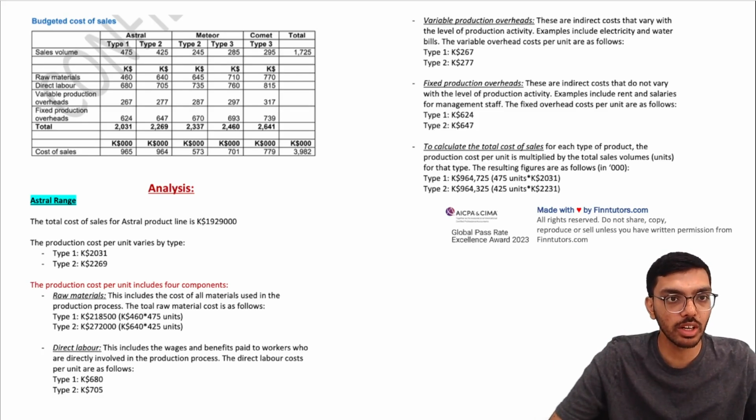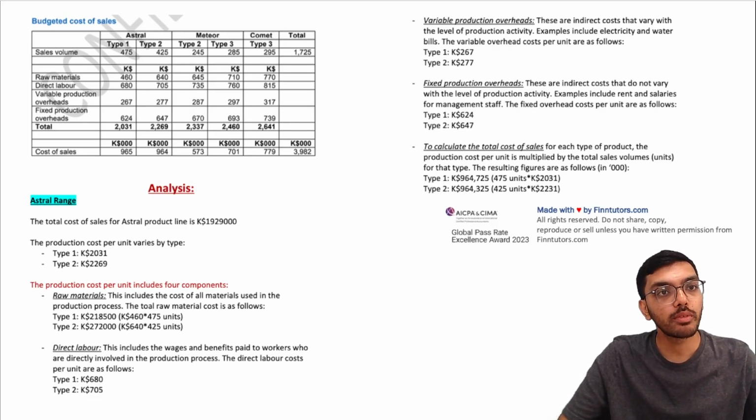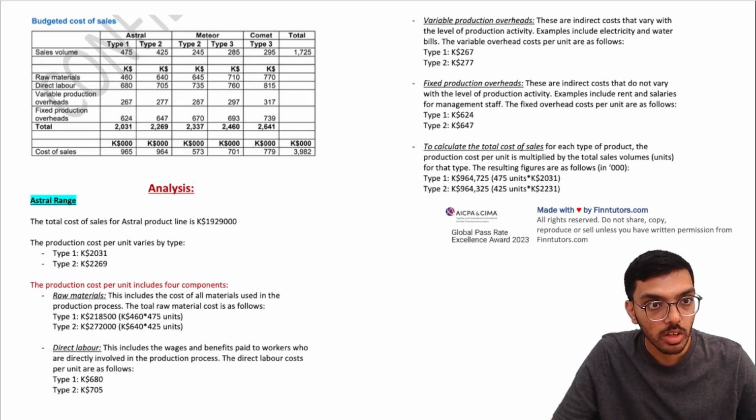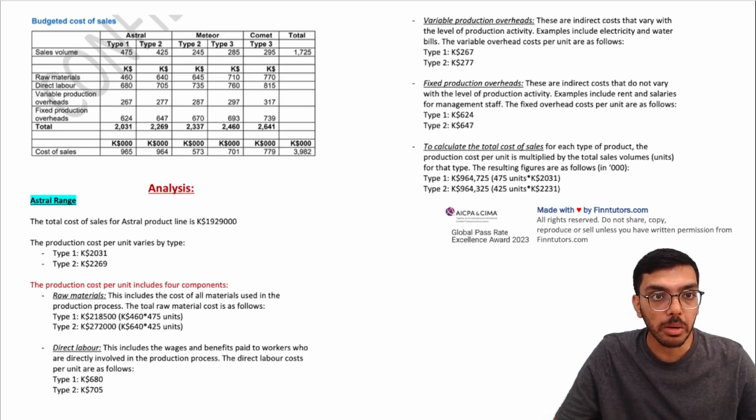For the Astral range, let's look at type 1. You sell 475 units. When you sell 475 units, $460 goes for raw materials, $680 goes for labor, $267 for variable production overhead, and $624 for fixed production overheads.